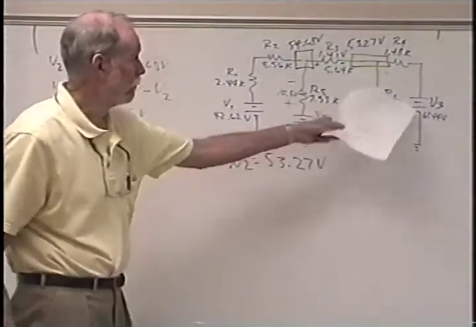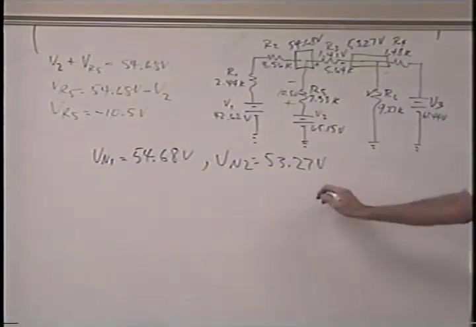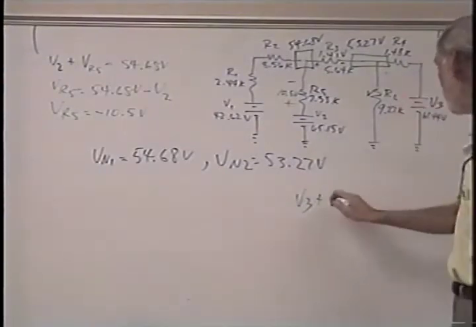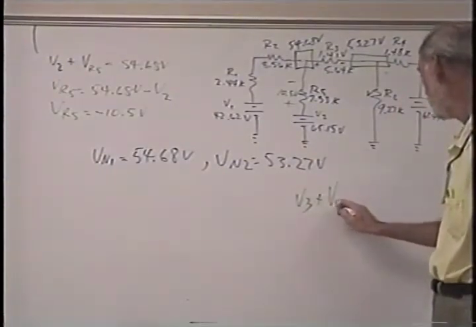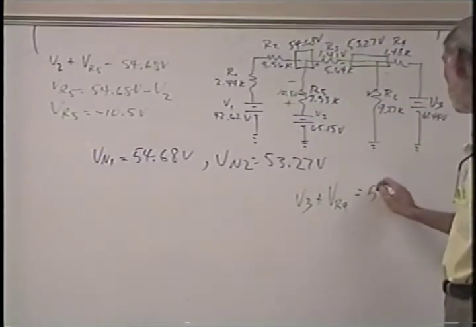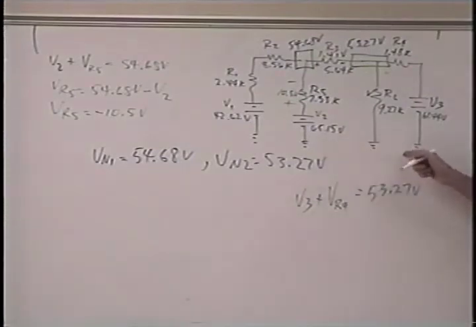The same thing can be done with R4 and V3. V3 plus the voltage drop across R4 has got to equal 53.27 volts. We're taking all these with respect to the reference node, of course.